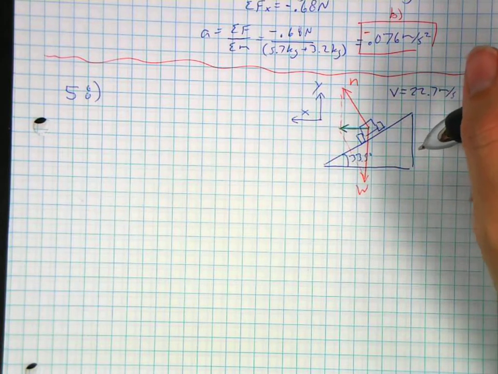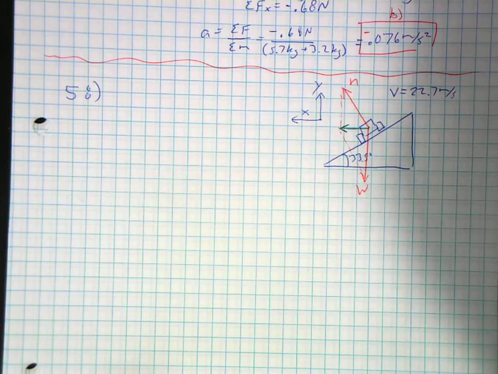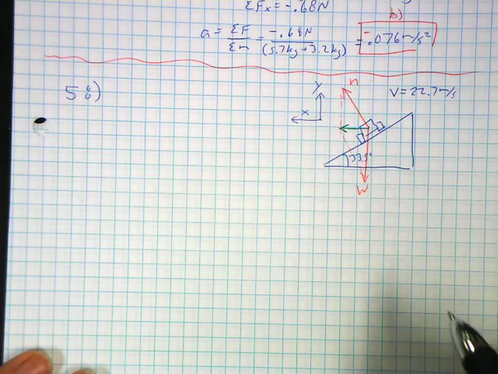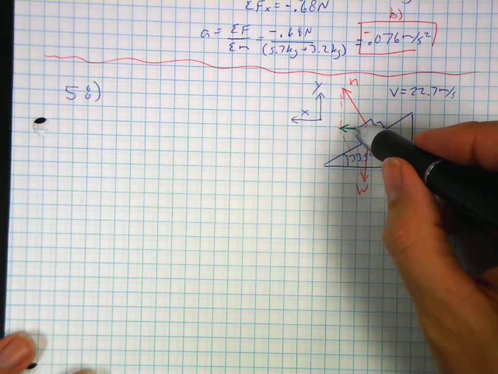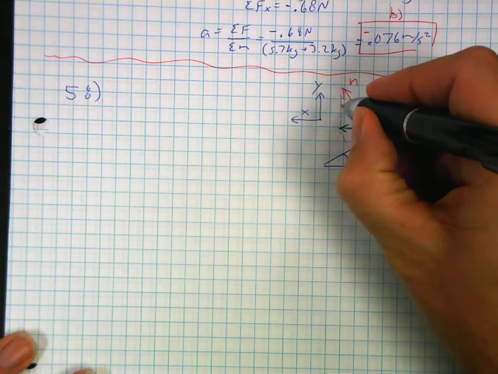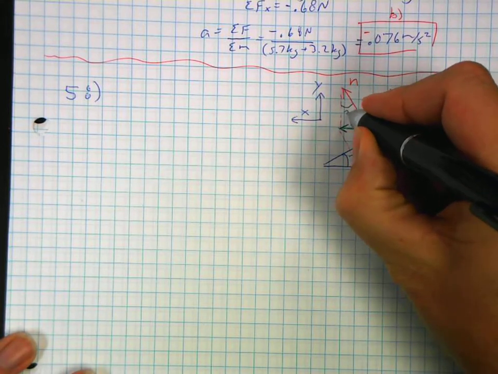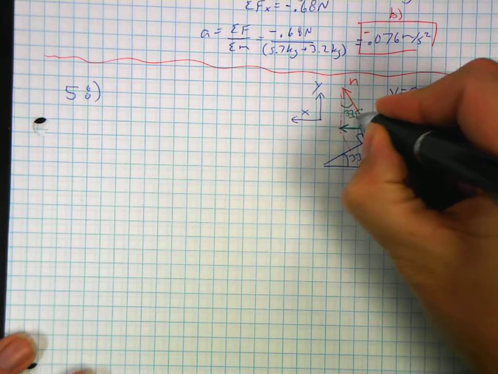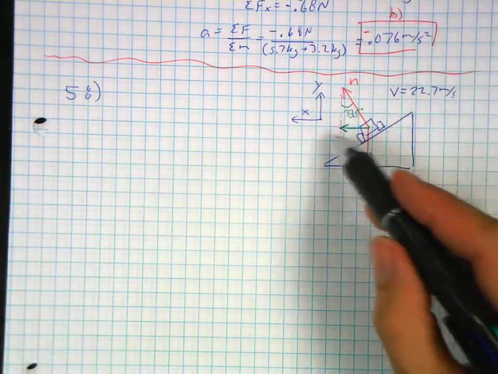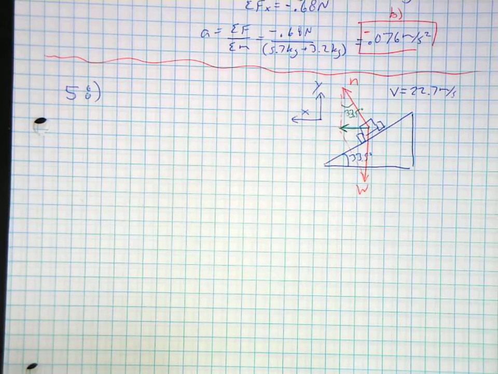Now, we do not know what the normal force is because they did not give us the mass of the car. What we do know is that the X component of this normal force, at the 33.5 degree angle, is going to do the accelerating.